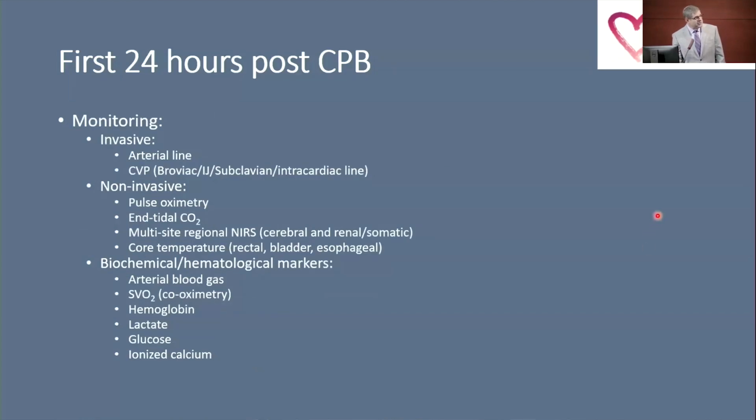And then in order to understand the clinical state of the patient, we do need multiple modalities to monitor those, some of them invasive, some of them non-invasive, and of course biochemical markers. Again, this is not rocket science, and those are routine things that we all do, so I'm not going to get into details right now.